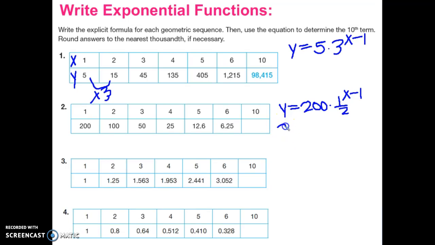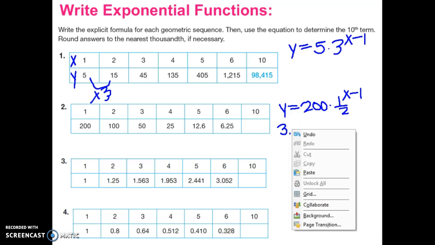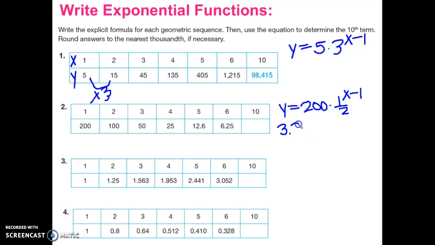You actually get 3.90, but really it's not the thousandths because this is in scientific notation, times 10 to the negative 10th. So we get a very, very, very small number because it's a negative exponent here, but that's my 10th term.